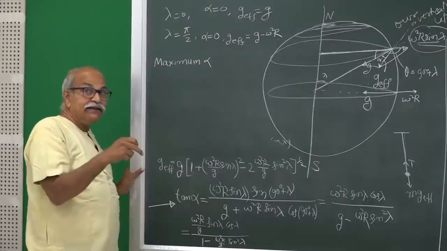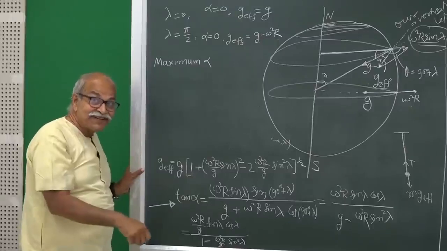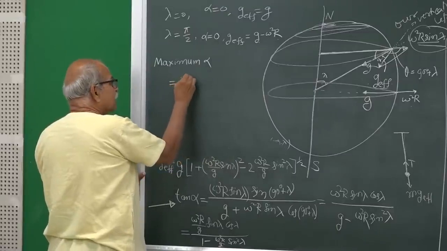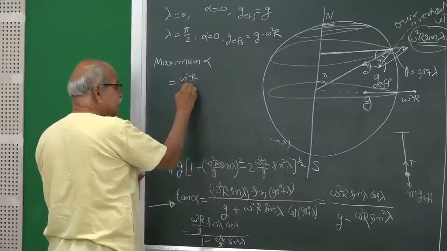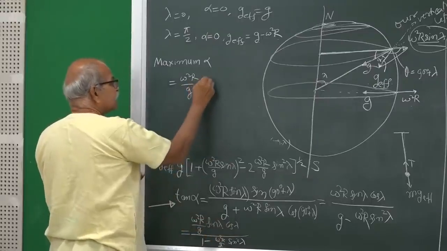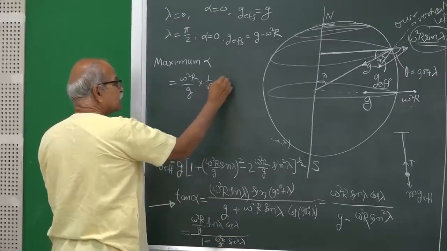So, our vertical and the true vertical, that deviation we are talking of. So, maximum alpha will be omega square r by g into sine 45 and then cos 45, which is 1 by root 2 into 1 by root 2.